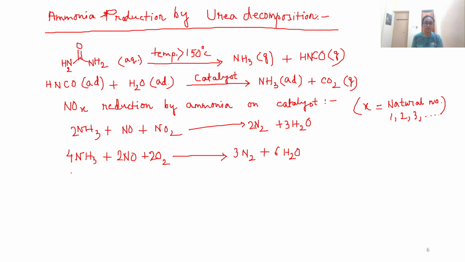Okay. Then 4NH3 plus 4NO plus O2 gives 4N2 plus 6H2O.